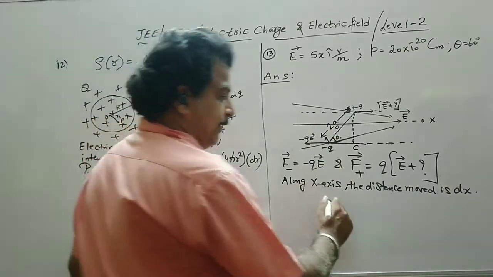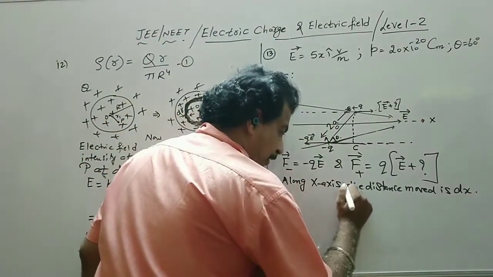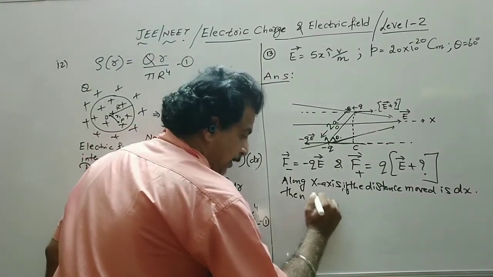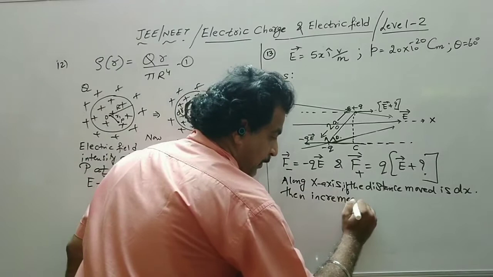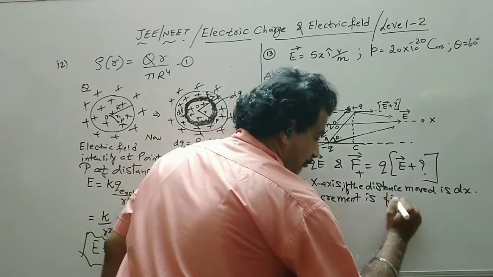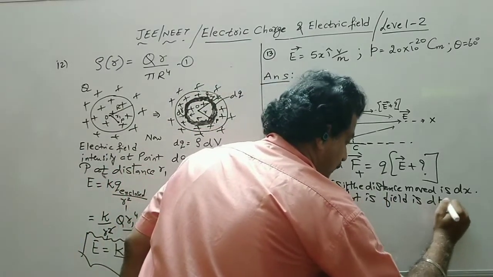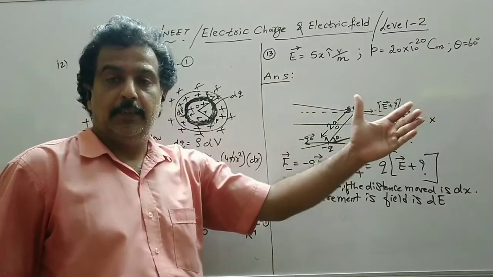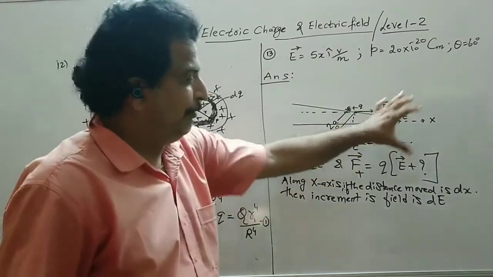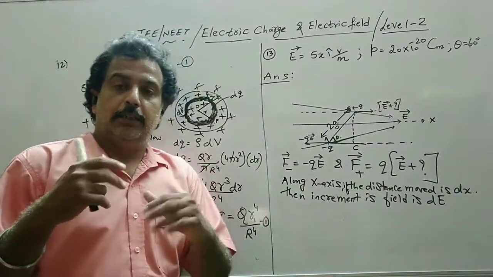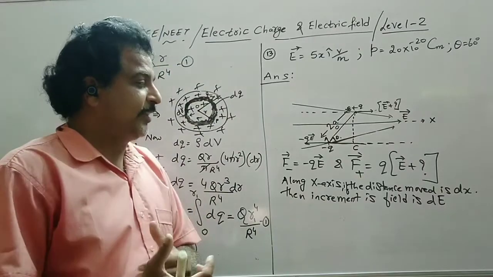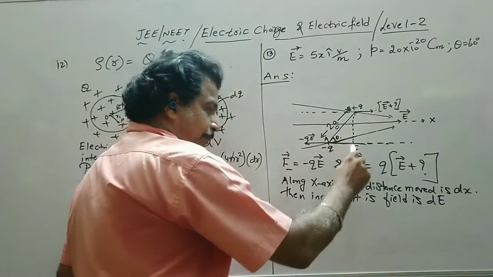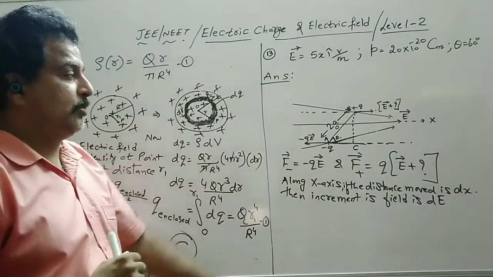So along the x-axis, if the distance moved is dx, the increment in field is dE. It is given that the field increases along the x-axis. This non-uniform field was drawn just for the sake of understanding. Otherwise, we need the two forces and the perpendicular distance between the two charges of a dipole.